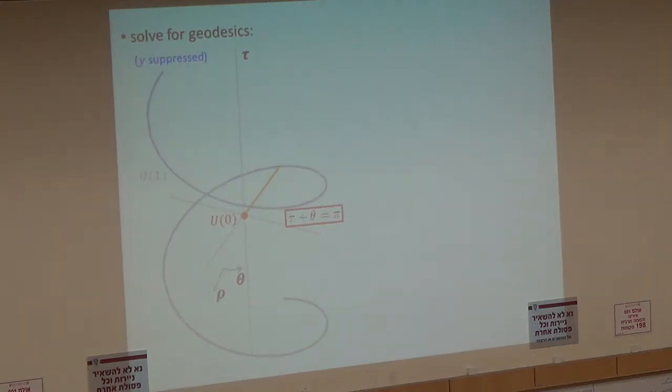I'm supposed to start at the origin. That's u0, and then I'm supposed to end on this spiral where tau plus theta is equal to pi. So I can end anywhere on that spiral, and so I'm supposed to find the geodesics from the origin to the spiral, and it's some operation, and you can do that.